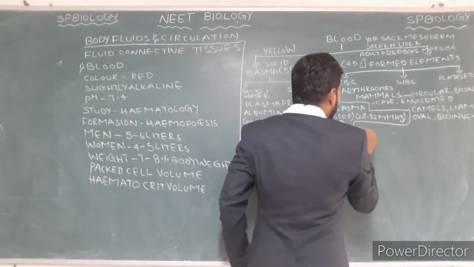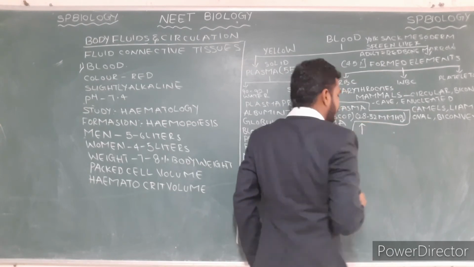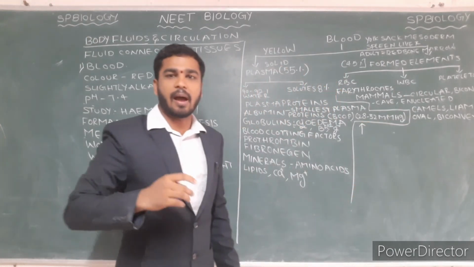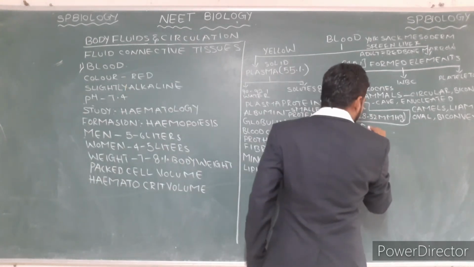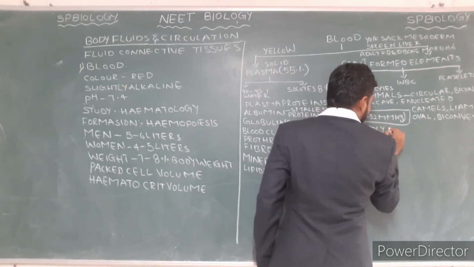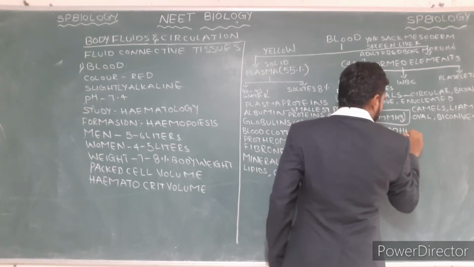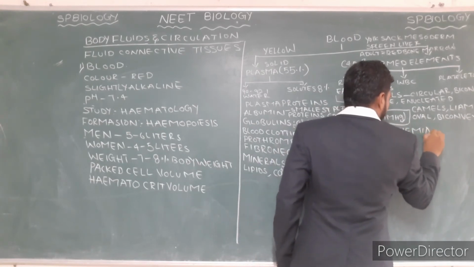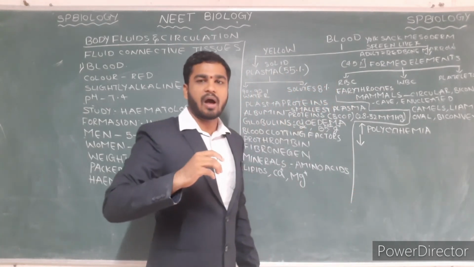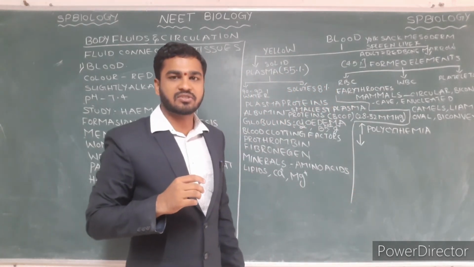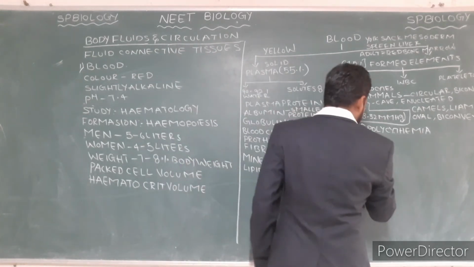An abnormal increase in RBC is known as polycythemia. If the number of RBC decreases, that condition is known as erythrocytopenia.